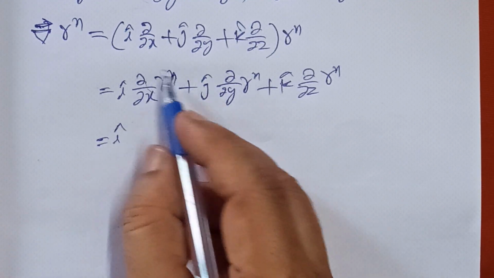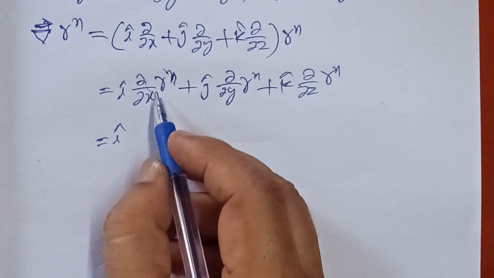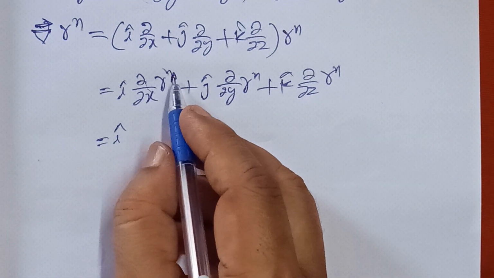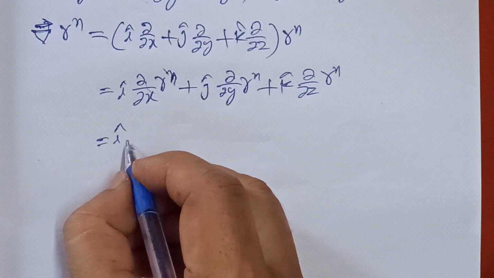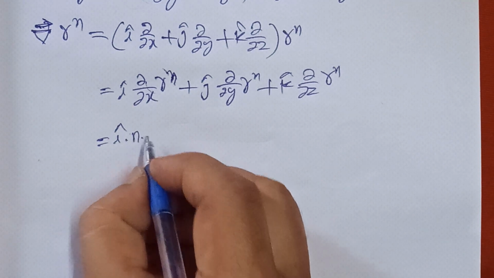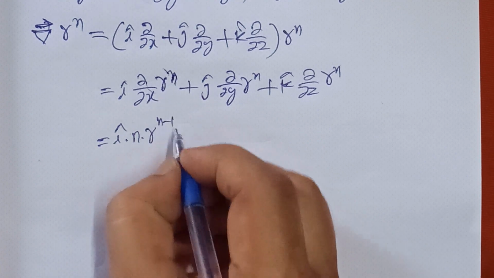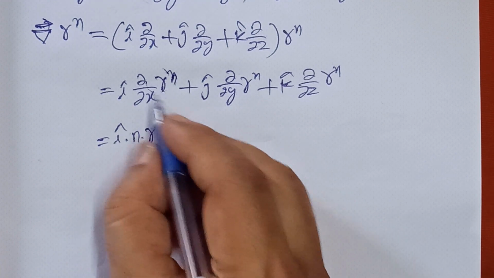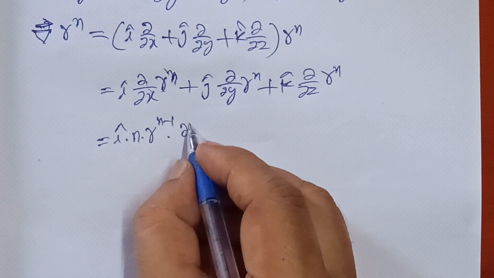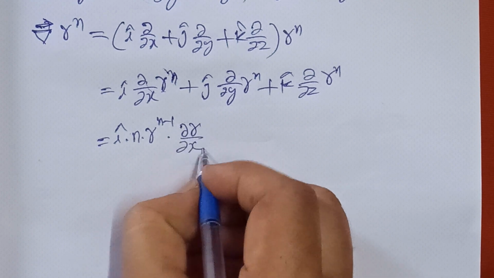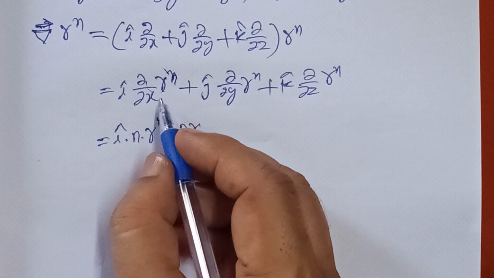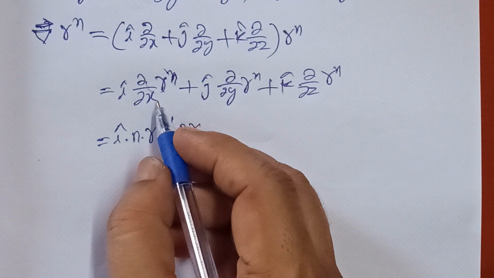On differentiating r to the power n with respect to x partially, the power n will go in multiply and the power of r will reduce by 1, but it is not x, so differentiate r partially with respect to x, and I apply the chain rule here.